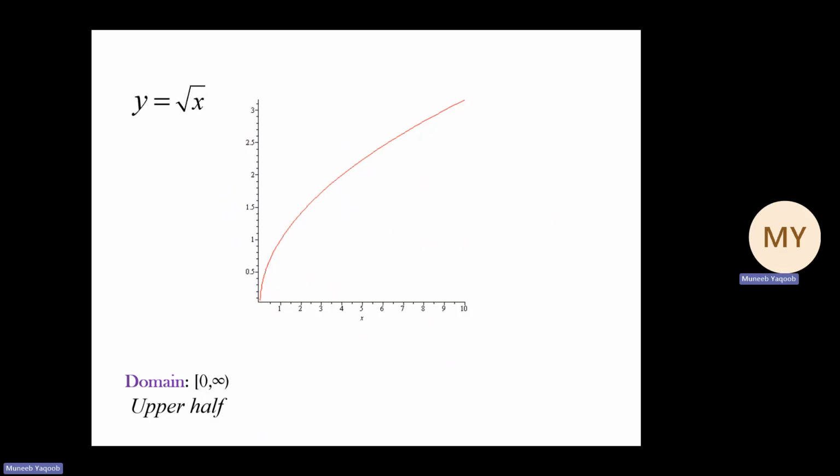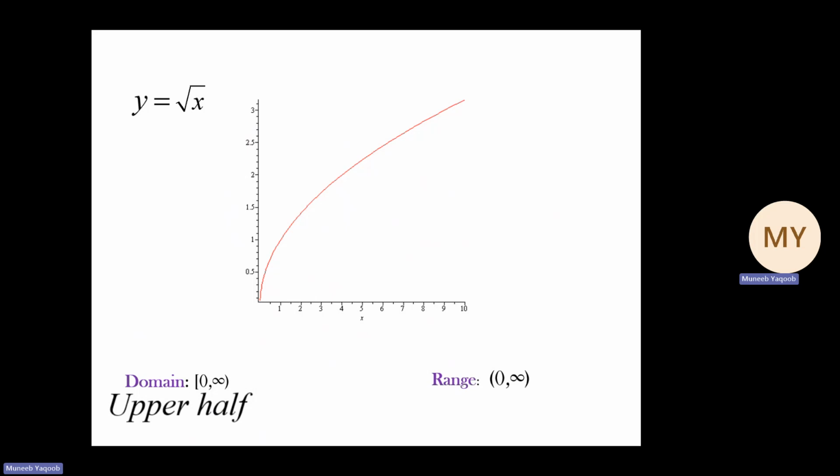Similarly, what about the range of this function? You can see that the height of this graph starts from y equals 0 till y equals infinity. So therefore, we can say that the range is from 0 to infinity.